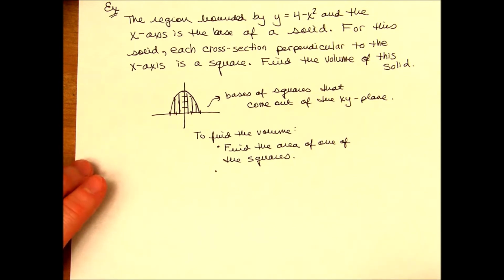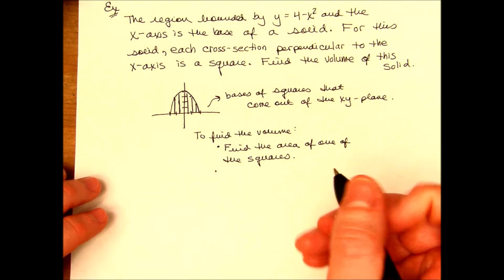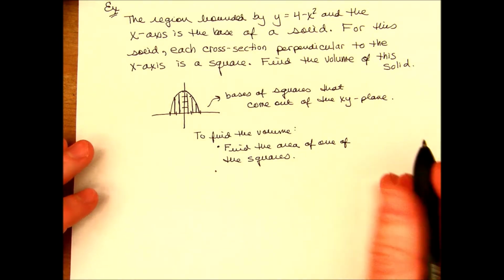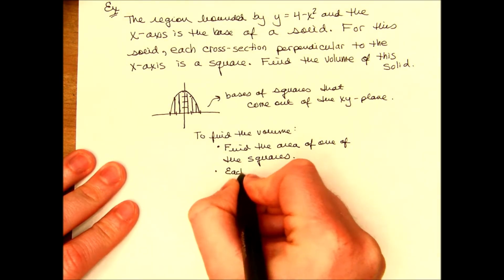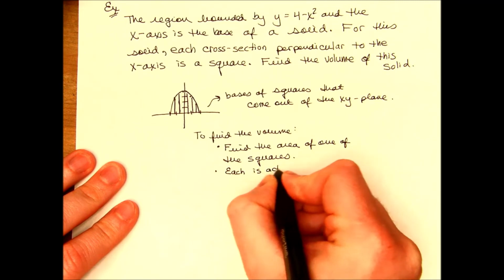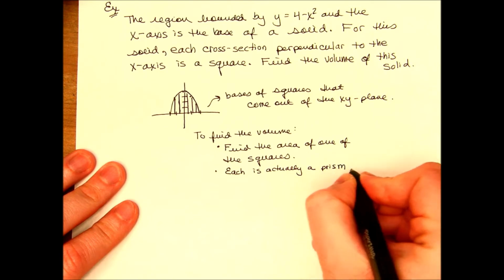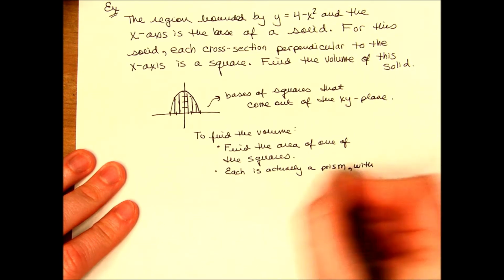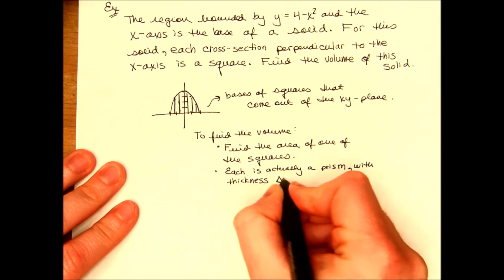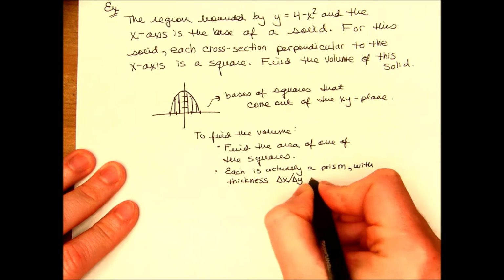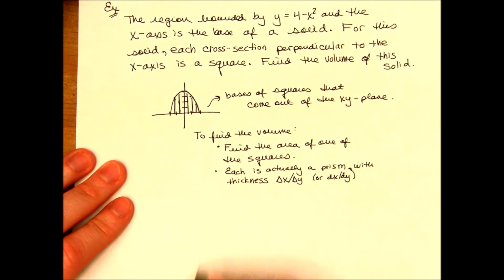However, the shapes aren't actually squares, they're actually prisms with a very, very small thickness that we'll call delta x or delta y, or from our calculus perspective, dx or dy. Each is actually a prism with a thickness of delta x or delta y, or dx or dy, one of those things.